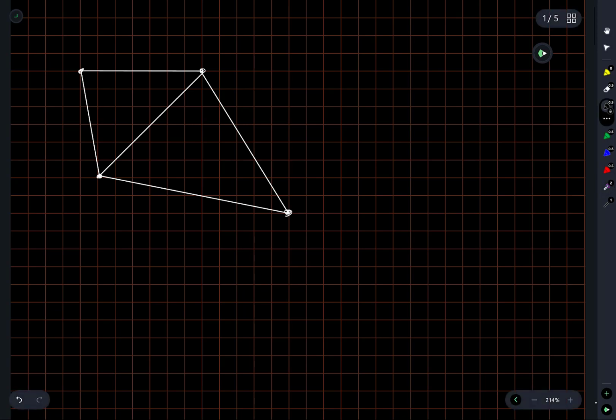So by that argument, what we've shown is if I fix these 2 points, then the location of the other 2 points along these sliding axes both have to lie on the perpendicular bisector of the fixed line segment.